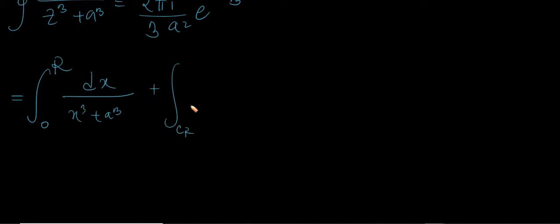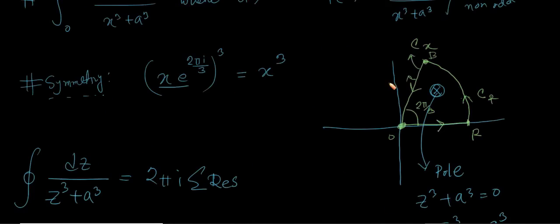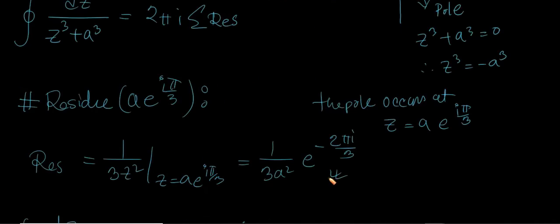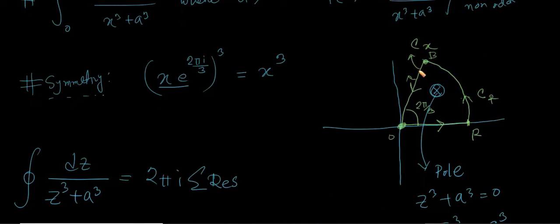Then along CR, that is this semicircular arc, and we keep it as dz over z cube plus a cube. And finally along the CX line, that is this one, CX. And note that this arc has a radius of capital R, right? And this point denotes capital R e to the power i 2 pi by 3.